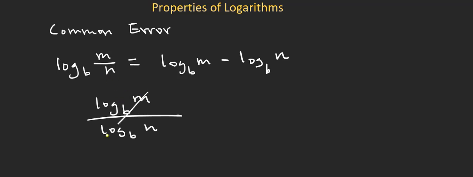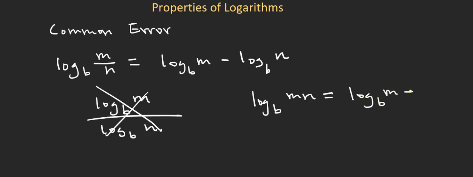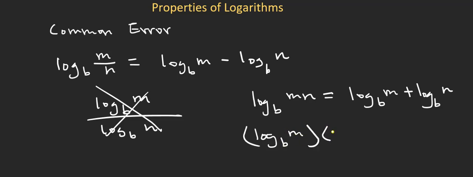So be careful, this is not correct. Also, log base b of m times n is log base b of m plus log base b of n. However, a lot of students put it as log base b of m times log base b of n. So be careful, this is also incorrect. Make sure you avoid these common errors.